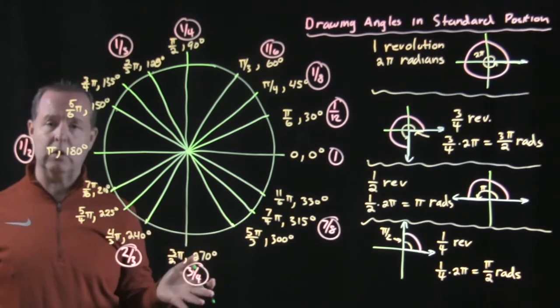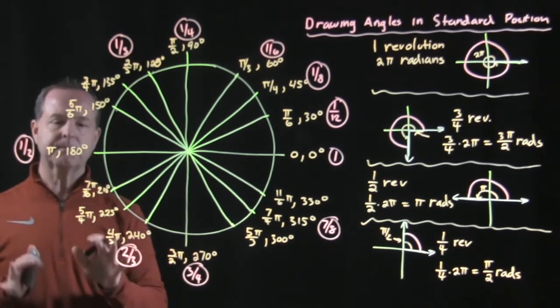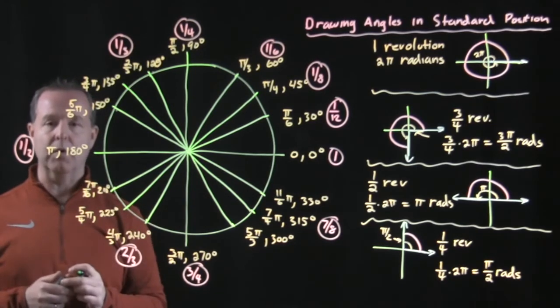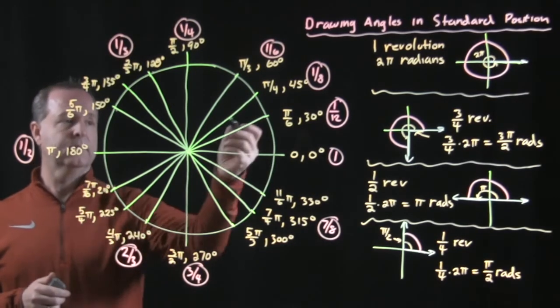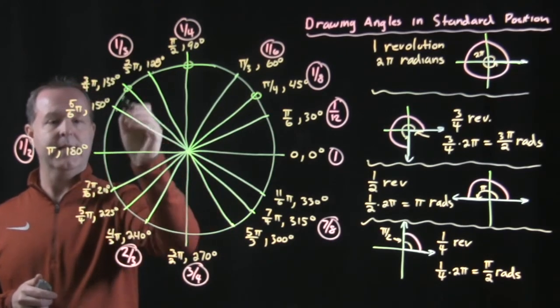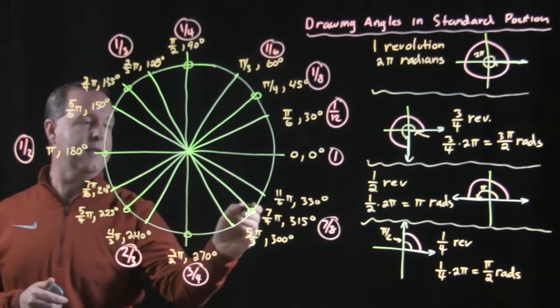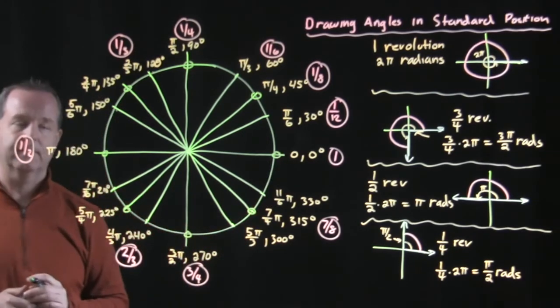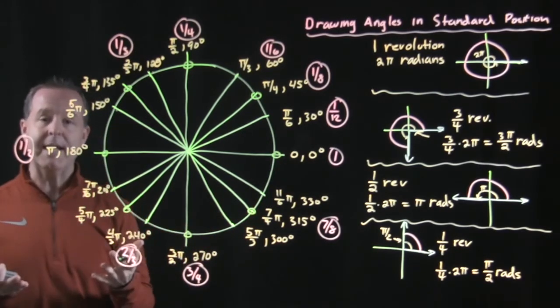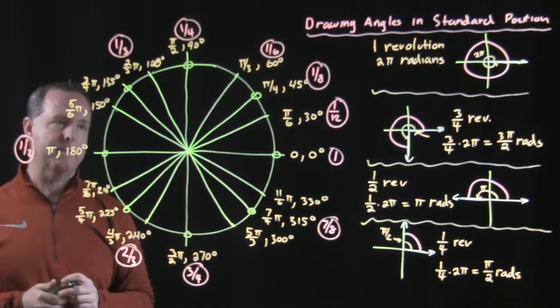So I want to give you a couple of clues of what's happening here. First of all, notice that I have the circle broken up into eighths. 1/8, 2/8, 3/8, 4/8, 5/8, 6/8, 7/8, and back to 8/8. And each of those has a radian measure and a degree measure that we're going to become comfortable with.